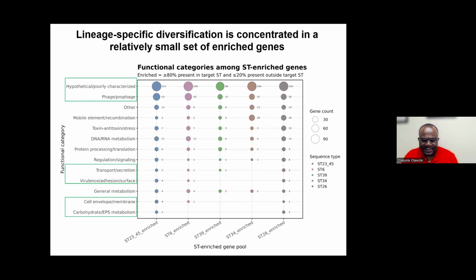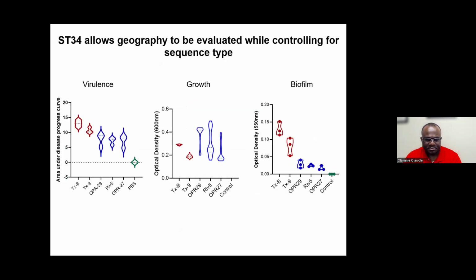So this tells us that the lineage differentiation is concentrated in a relatively small set of genes, with the ST26 showing the strongest enrichment for mobile elements and also putative host interaction functions.